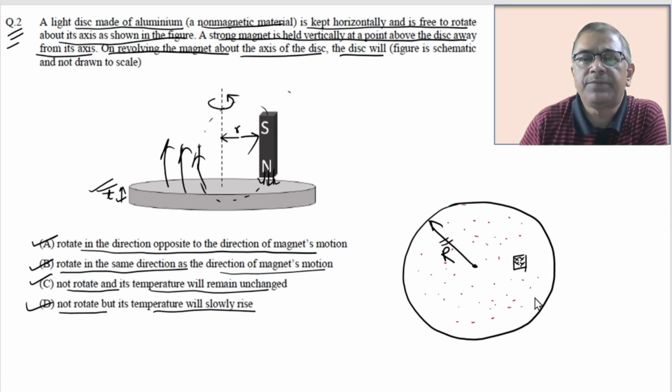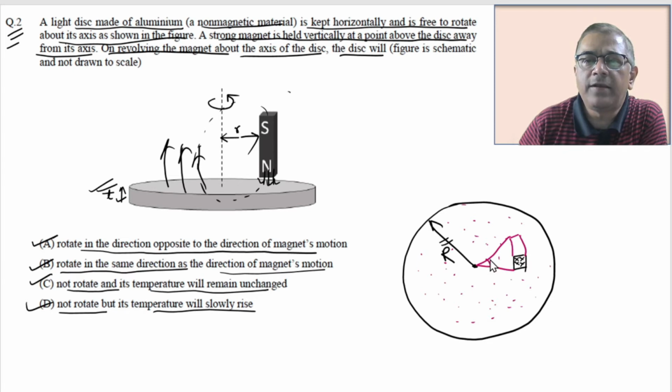Anyway, now let's see. Let's assume this magnet is rotated in anti-clockwise sense. Now let's assume the magnet rotates by d theta in time dt.